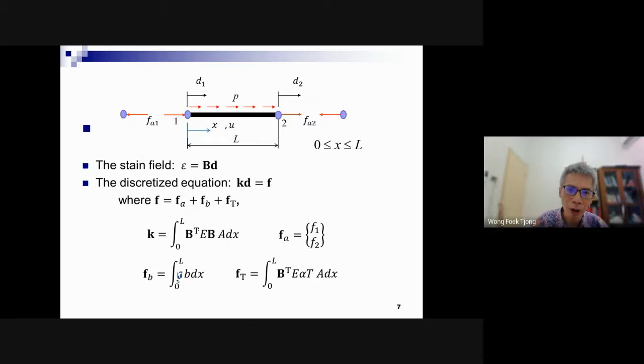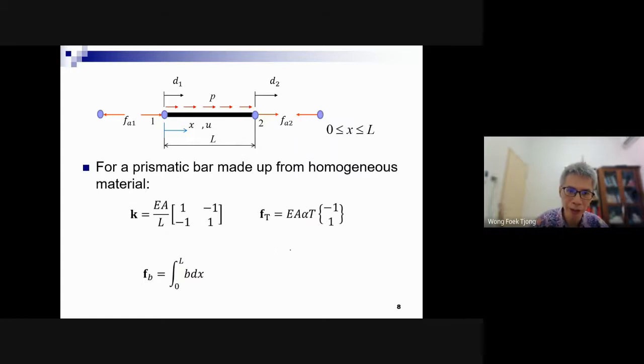If all are constants, E constant, A constant, temperature change constant, we can just use this formula, right? Easy to remember for all constants. This is N transpose. Of course, for constants, just L over 2. P and P, right? Fp for constants.